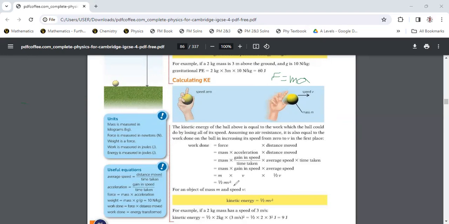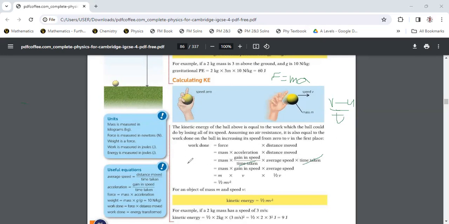So mass times acceleration times distance moved will be work done. Our acceleration is our rate of change of velocity, so it's v minus u over t. And because speed is distance over time, distance is also equal to the speed and the time taken. So notice that time taken can cancel each other out.